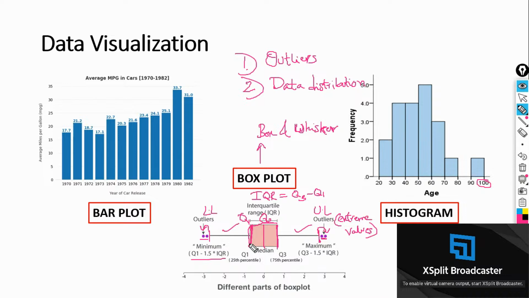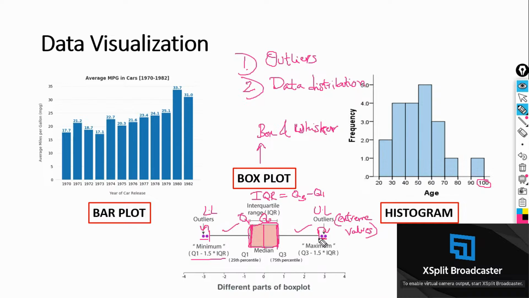So this box that you see in the middle is nothing but the IQR, interquartile range. Because of this, Q3 minus Q1, the difference between Q3 and Q1, will calculate the IQR, and this IQR we can substitute in this formula, and this gives me the lower limit.